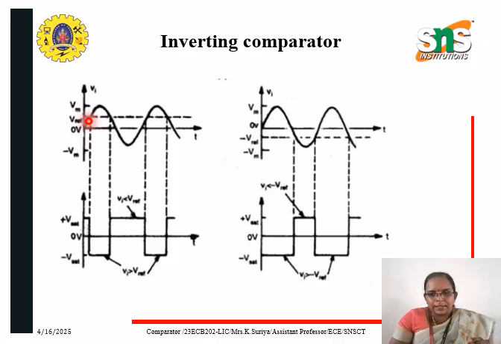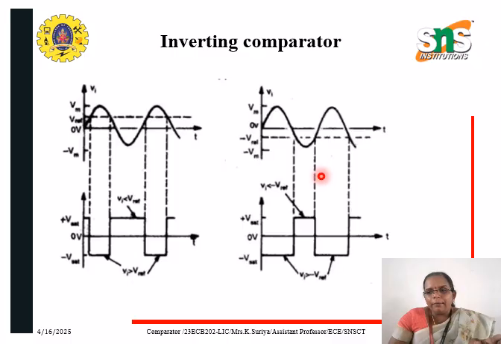So if Vi is less than V reference, the output is plus Vsat here. Then once the input goes above the reference voltage at this point, your output shifts from plus Vsat to minus Vsat. And again, when your input goes below the reference voltage, your output shifts from minus Vsat to plus Vsat as shown in the diagram here.